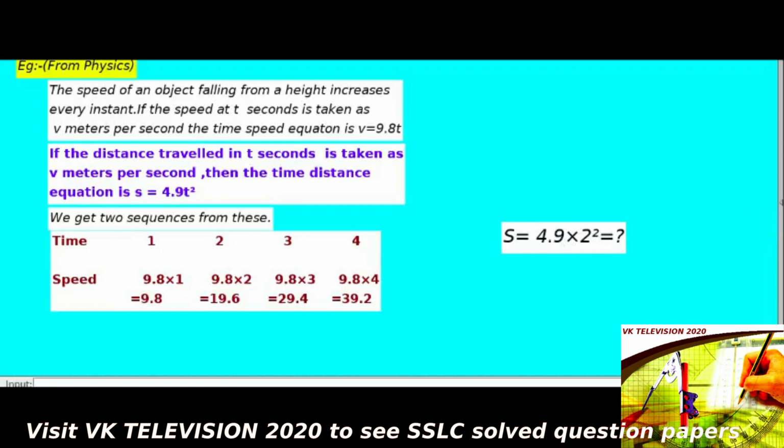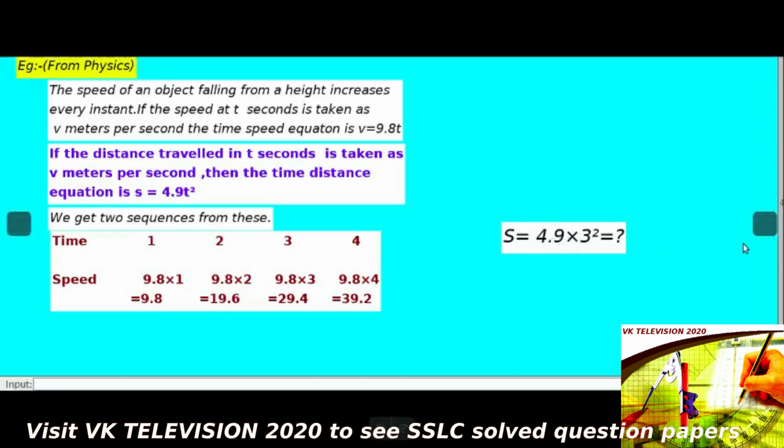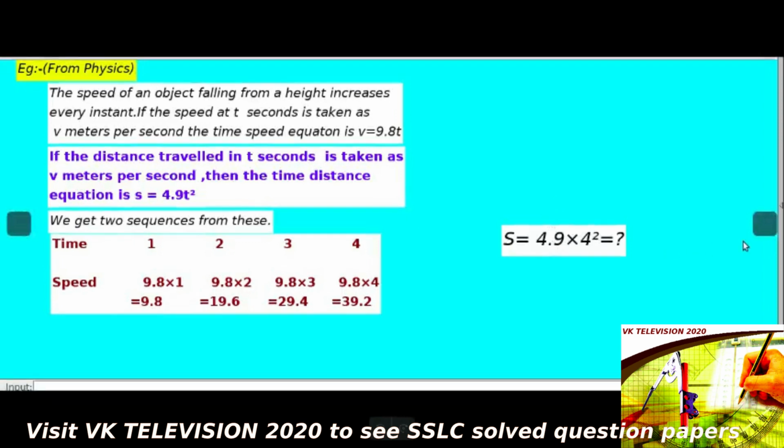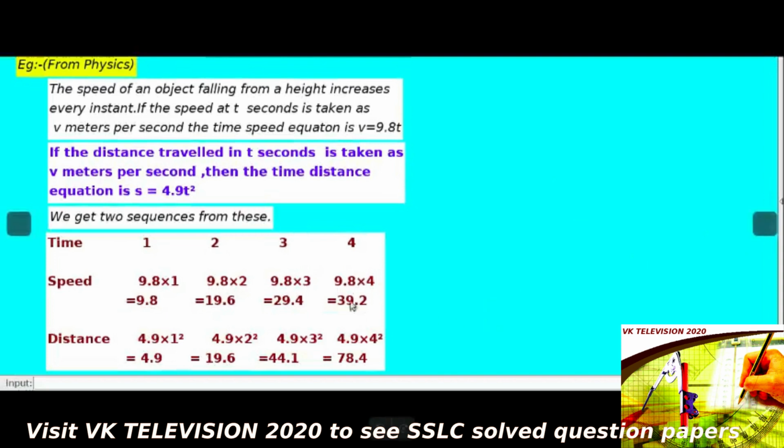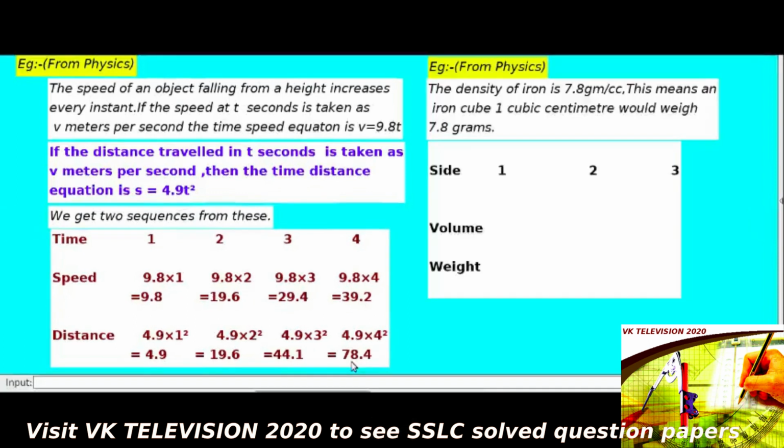When t is equal to 3, the distance s is 4.9 into 3 square. When t is equal to 4, the distance s is 4.9 into 4 square. We write the values: the first is 4.9, the second is 19.6, then 44.1, 78.4. So this is also a number sequence.